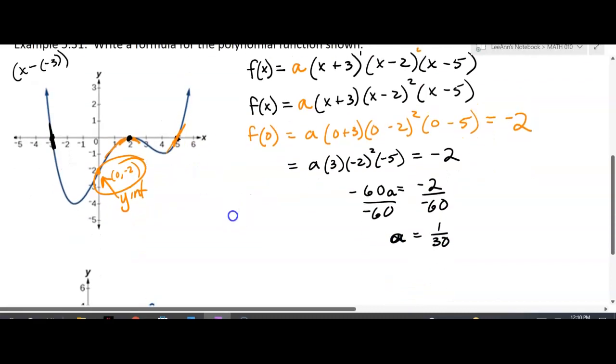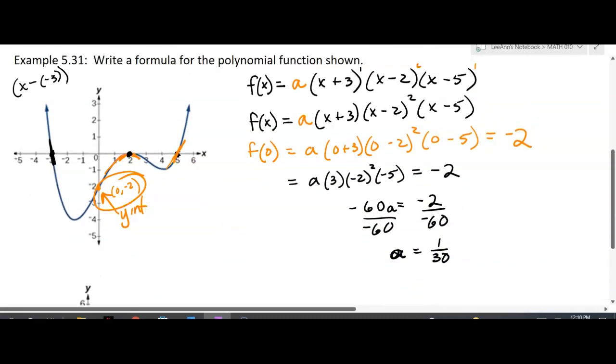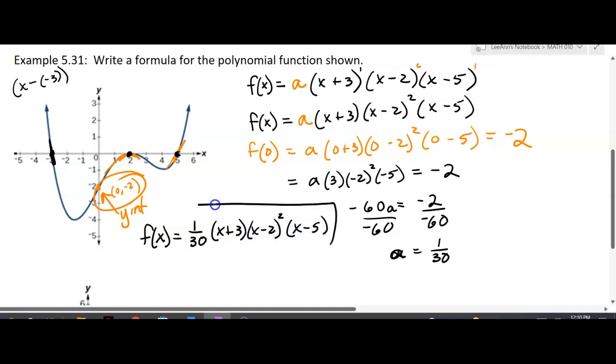And so we can say f of x equals 1 over 30, and then all those factors that we wrote with their multiplicities, or their exponents, I guess I should say. Okay, you don't have to multiply it out. You can just leave it in factored form.